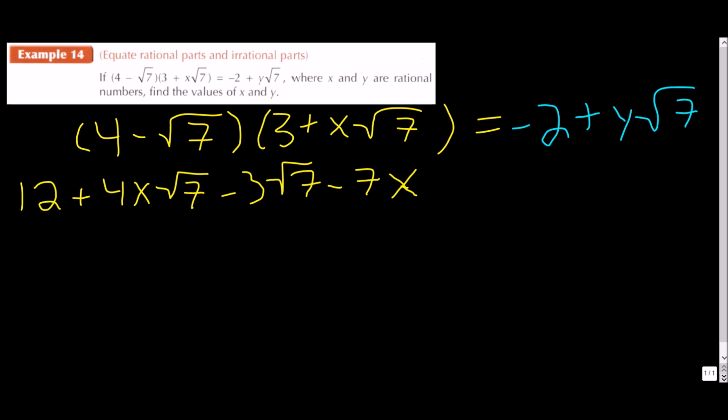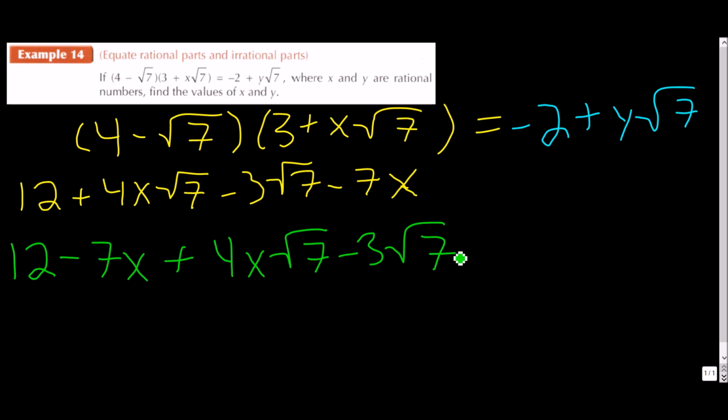So I'm going to rewrite this as 12 minus 7x plus 4x times the square root of 7 minus 3 times the square root of 7. Now the goal of this is to separate things. And what we're going to see here is that we have things that have the square root of 7 and things that do not. So our goal is to equate that to this side.